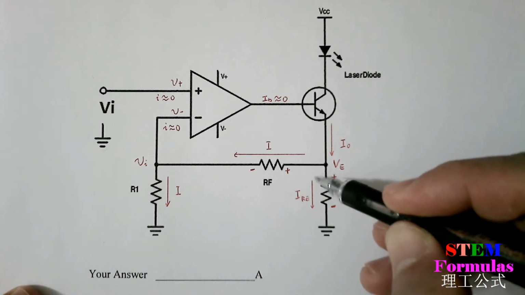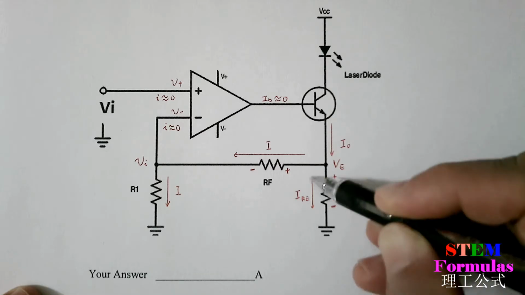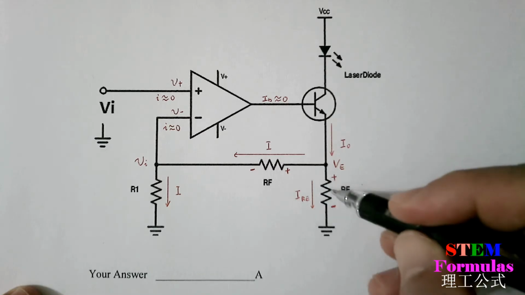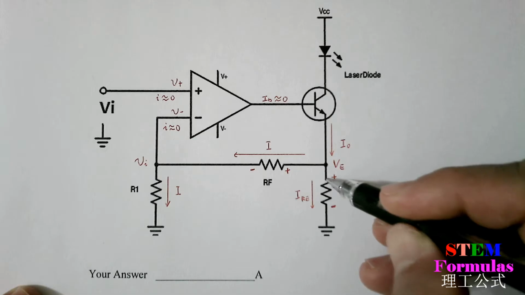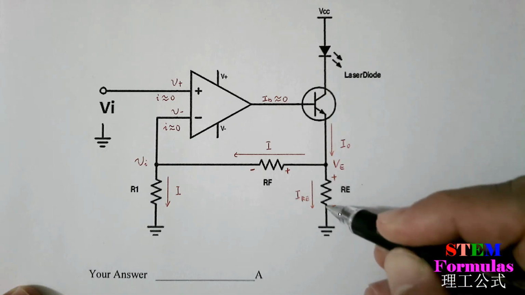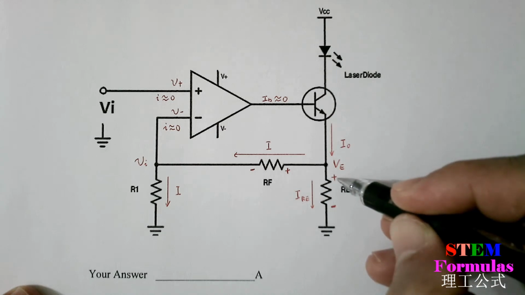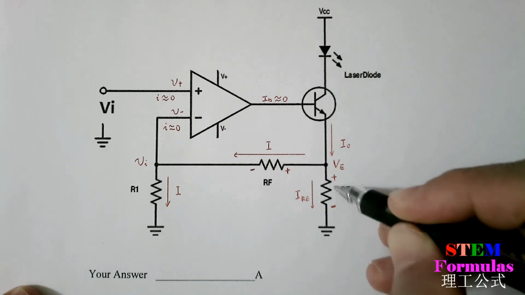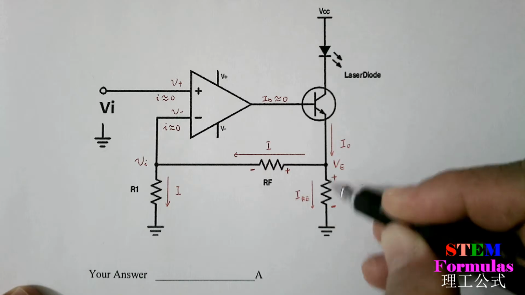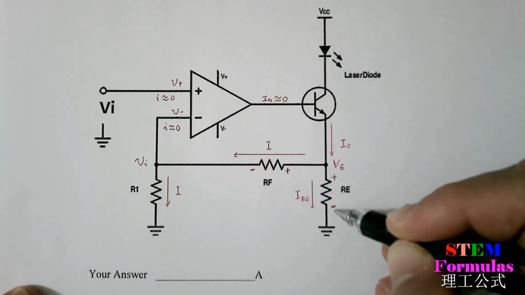If we assume the current goes through RE in this direction, the voltage potential at this point is higher than the voltage potential at this point. We label here plus and minus, meaning the voltage at this point is higher than at that point.